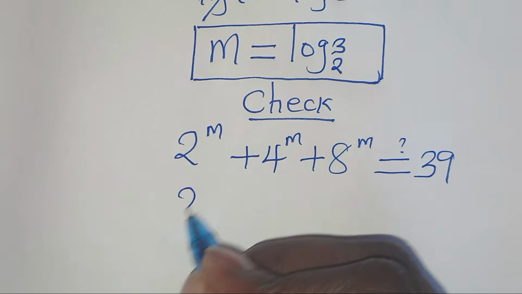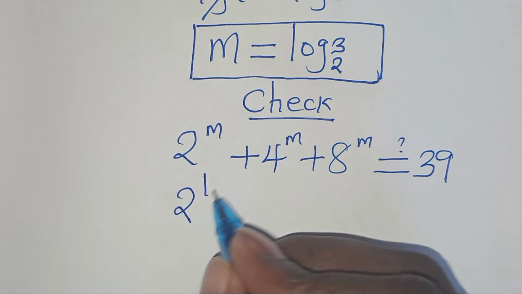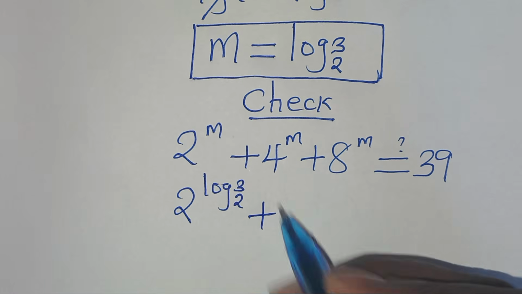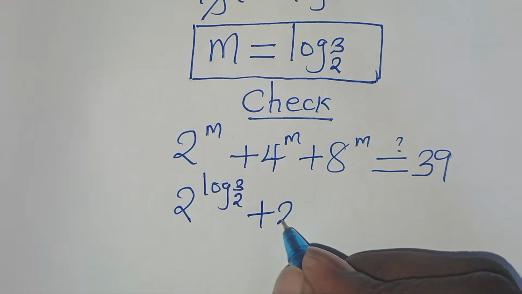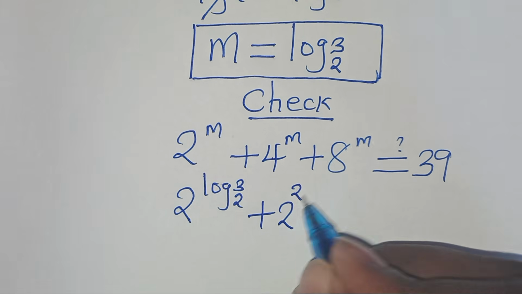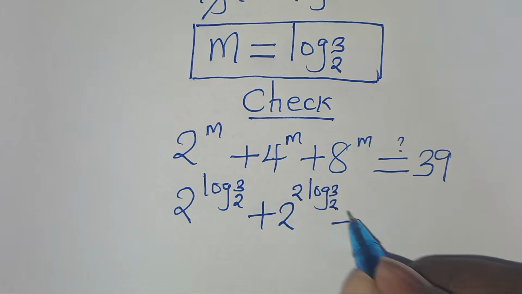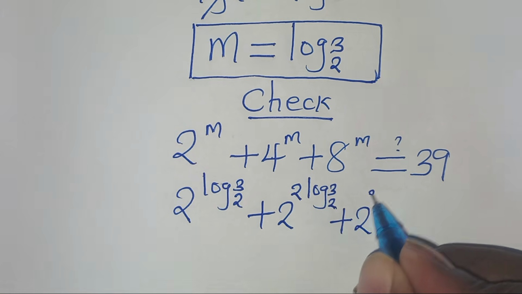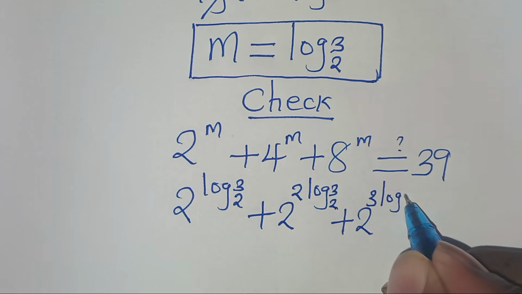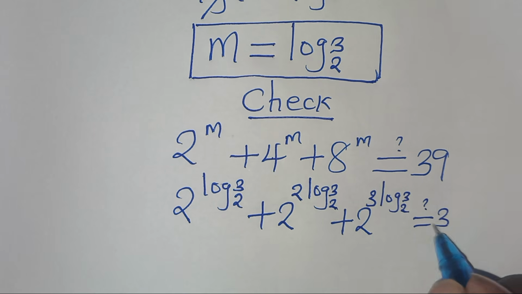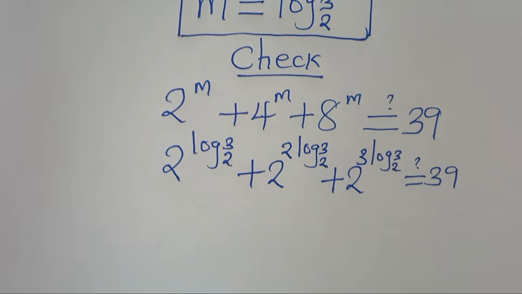So we have 2 raised to the power of log 3 to base 2, then plus 4, which you can express as 2 raised to the power of 2 times log 3 to base 2, then plus 8, which is 2 to the power of 3, multiplied by log 3 to base 2. This is supposed to give us a value of 39.